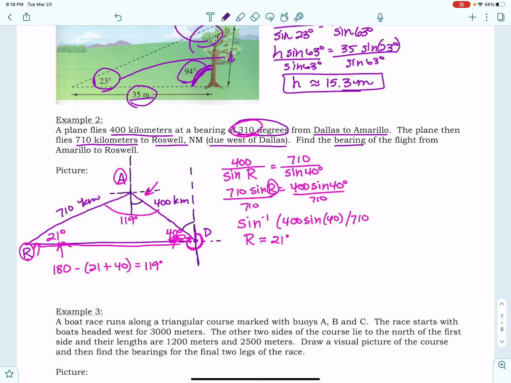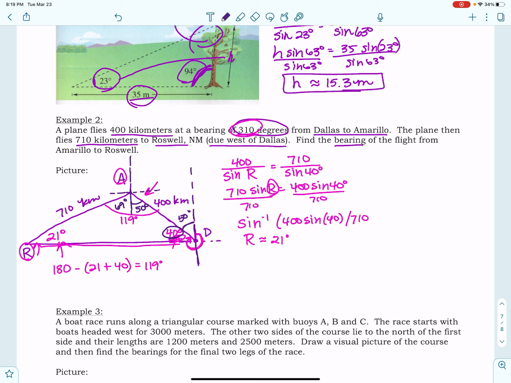Okay, well, if this angle is 40, then this angle has to be 50 because that's a right angle. So that means that this angle is 50 degrees, and if I subtract that from 119, I get 69 degrees for that angle. Excellent. All right, so I can go ahead and find my bearing.